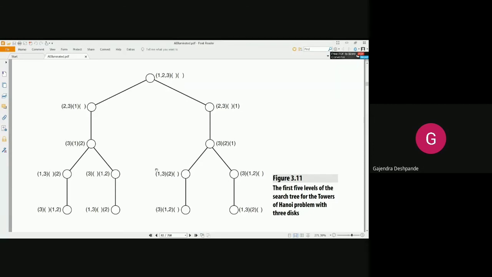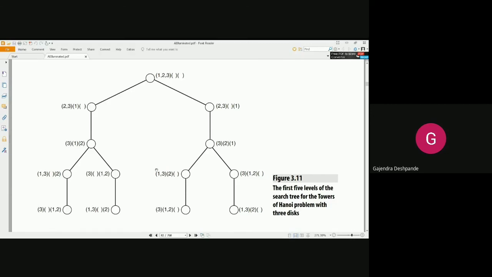The same thing happens on the right hand side of the tree. In both cases, our third peg is going to remain empty. So this is how you are going to solve this problem. Again, it's a partial tree. When you reach the solution, you are going to see the first bracket set empty, the second bracket set empty, and the third bracket set having 1, 2, 3.